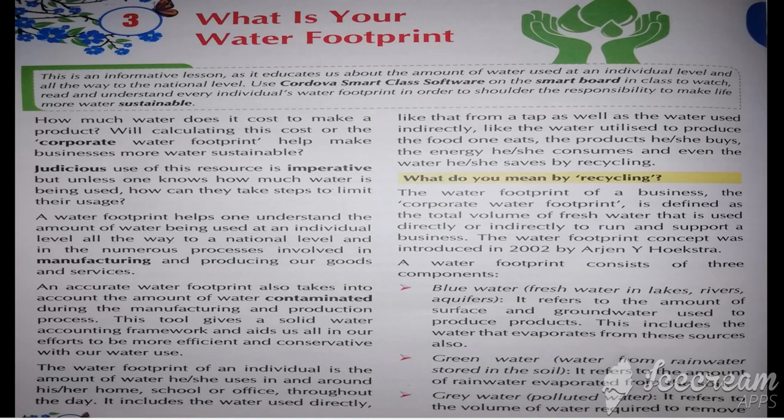Now they are talking about directly and indirectly. Directly means it includes the water used directly, like we are using the water from a tap. And indirectly means the water used in an indirect form, like the water used to produce the food that we eat.